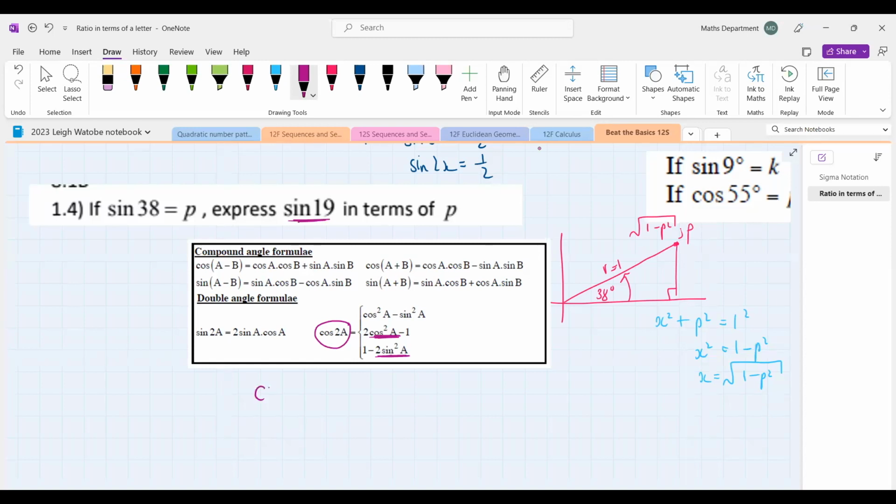We are saying cos 2A equals 1 minus 2 sine squared A. That's our cosine double angle, right? So cos 2A is going to be the cos of 38, because it's double 19, right? And here, this is going to be 1 minus 2 sine squared 19.